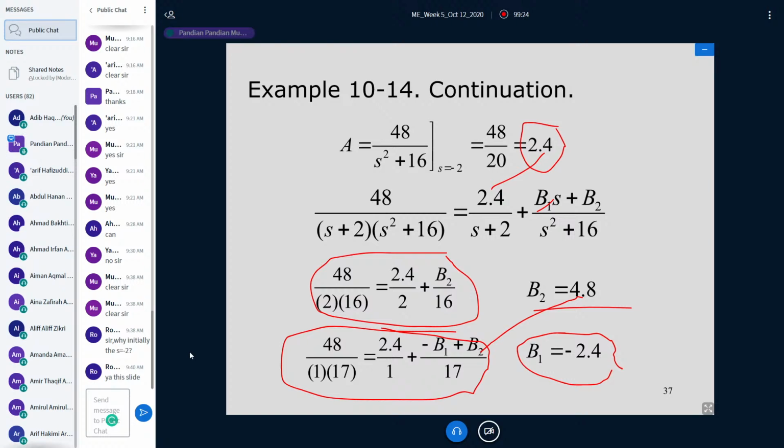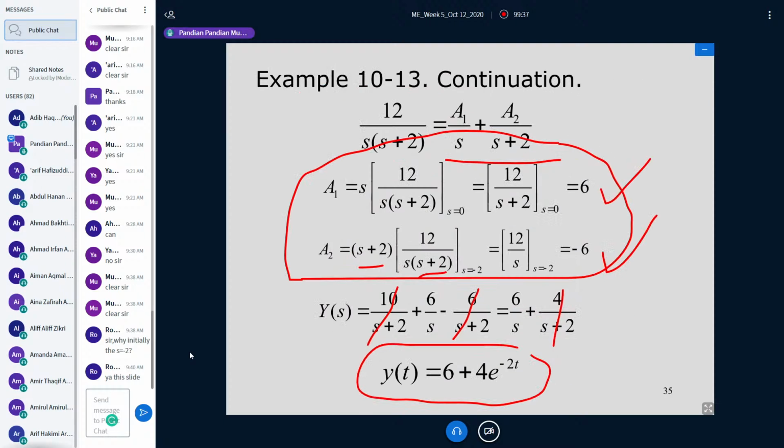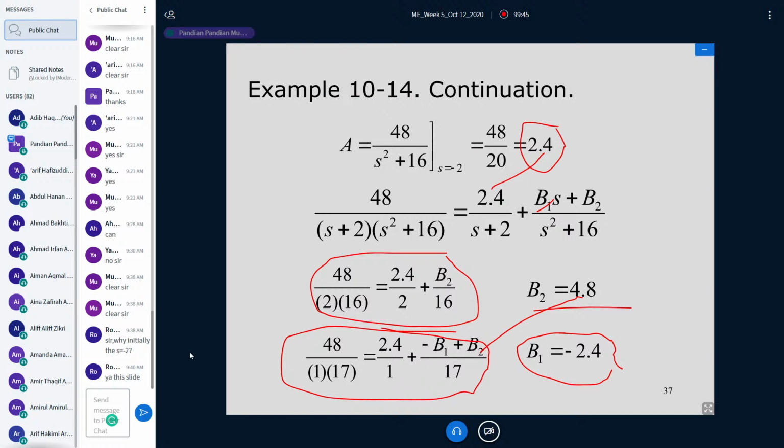Because this is S plus 2. So you see here, this is S plus 2, cancel off. So here, S plus 2 is 0, so S is minus 2.